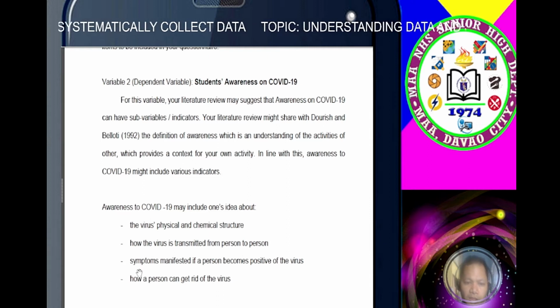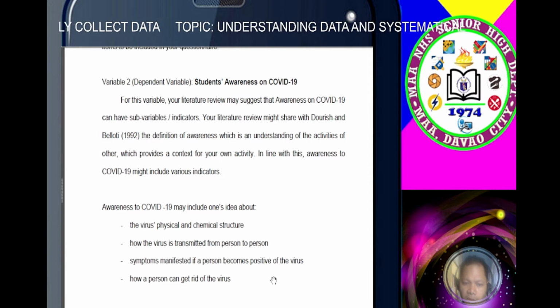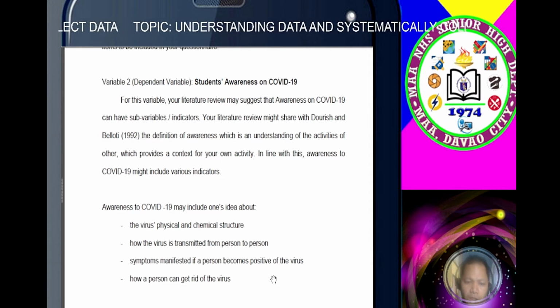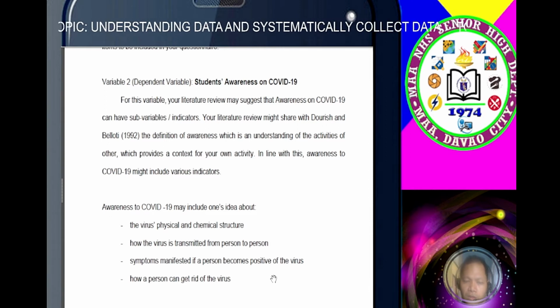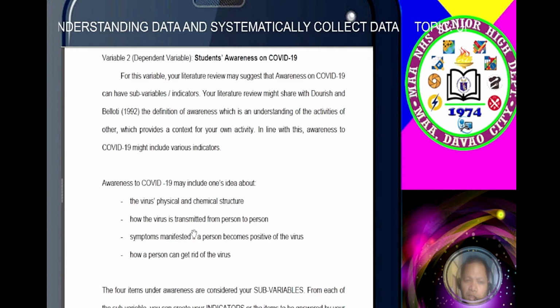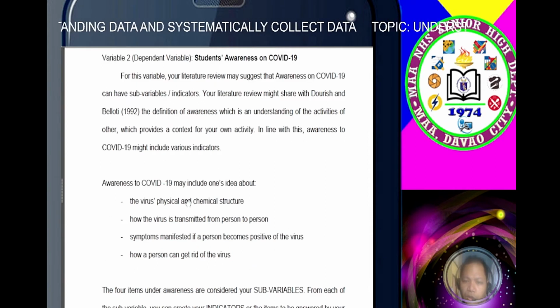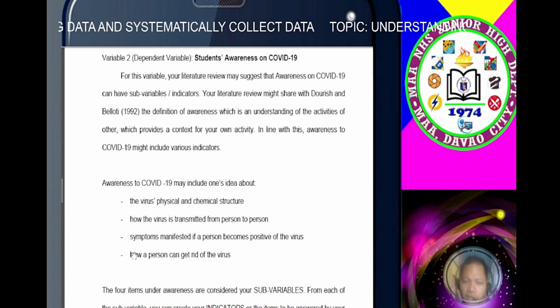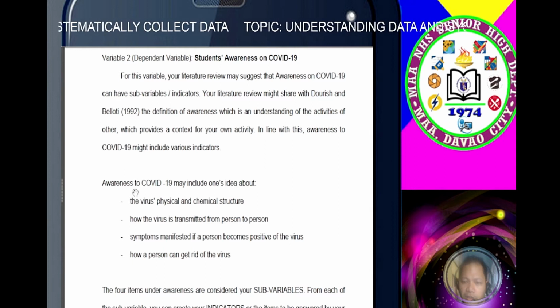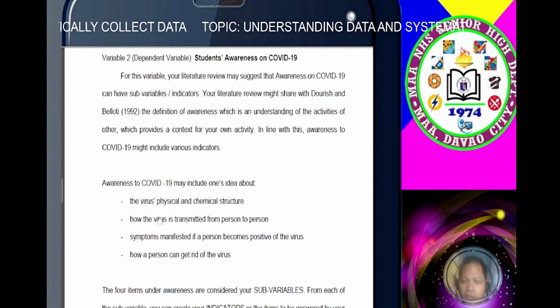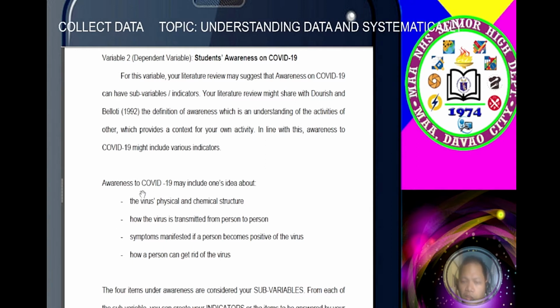Number 3, symptoms manifested if a person becomes positive for the virus. Number 4, how a person can get rid of the virus. So these are the indicators of the variable COVID-19 awareness. You will use this in your questionnaire construction.